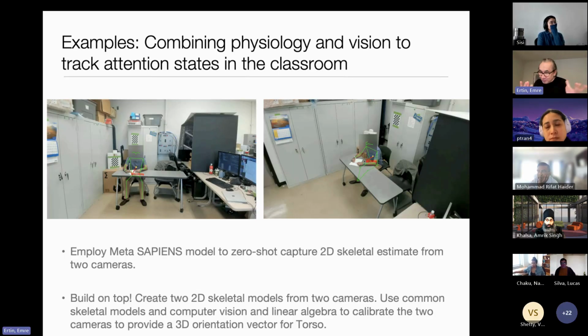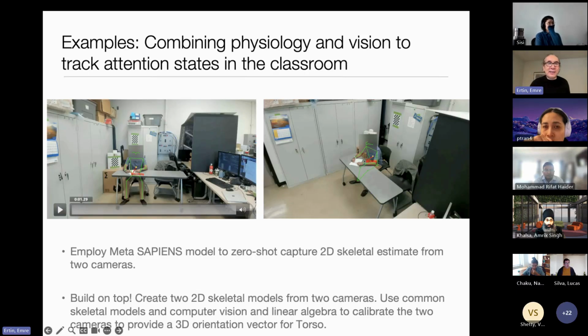With a little bit of computer vision and linear algebra, you can actually solve the problem of what is called camera-to-camera calibration. You will discover where the 2 cameras are and use that information together to get a 3D vector.